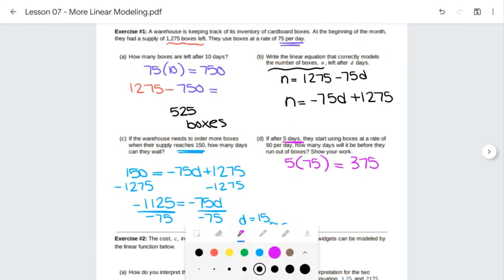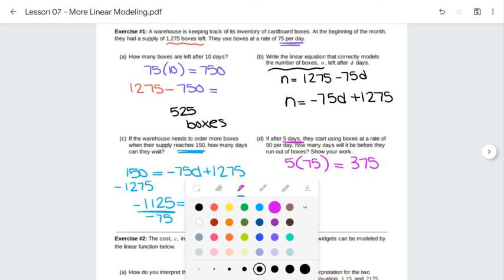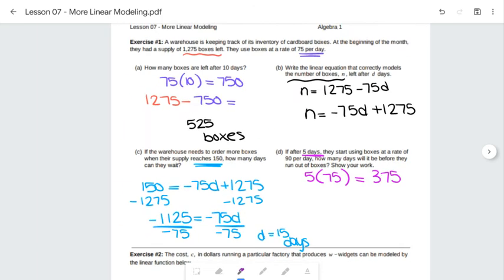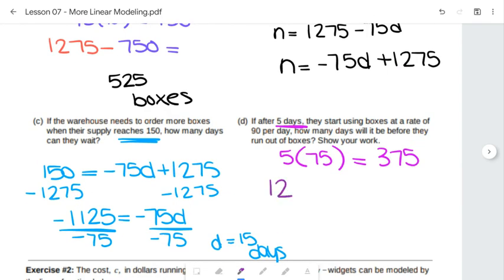So I'm going to take the original that we started with, 1,275, subtract 375 from that. We get 900.